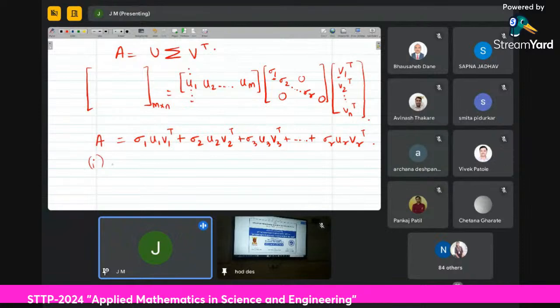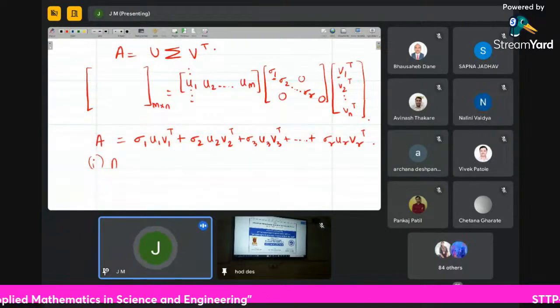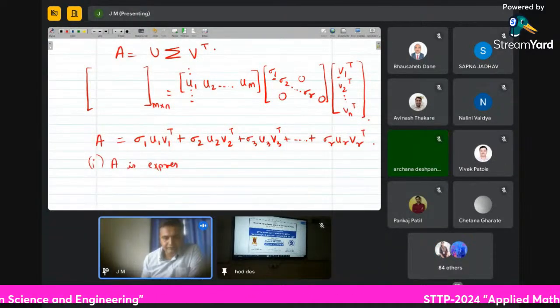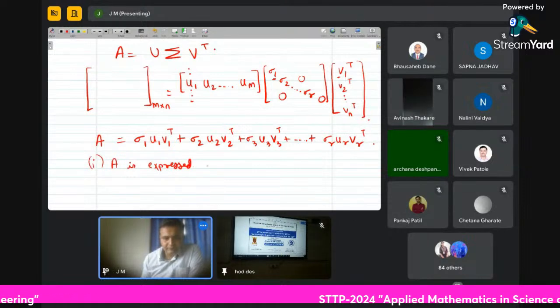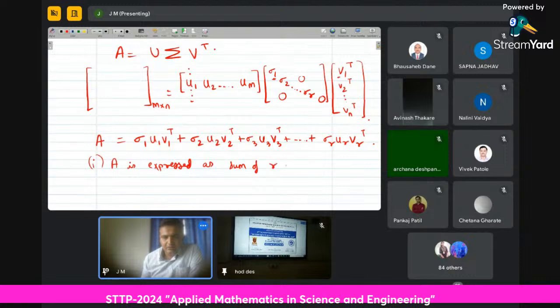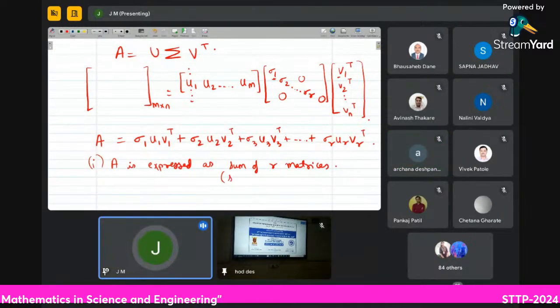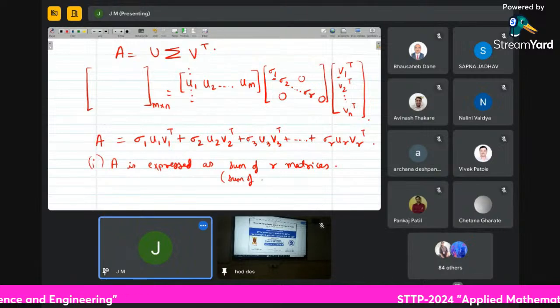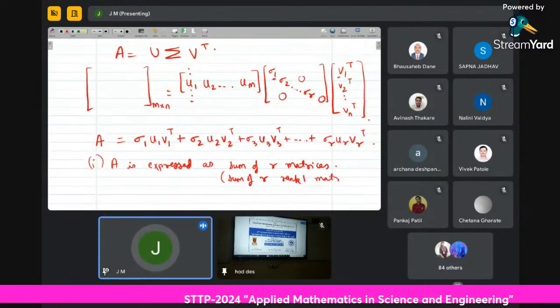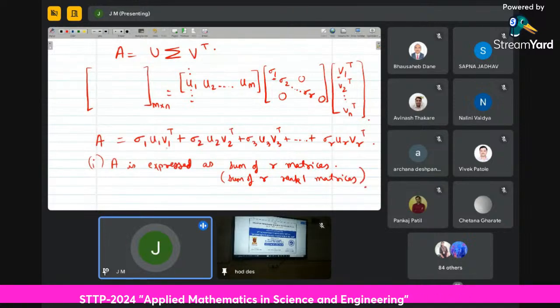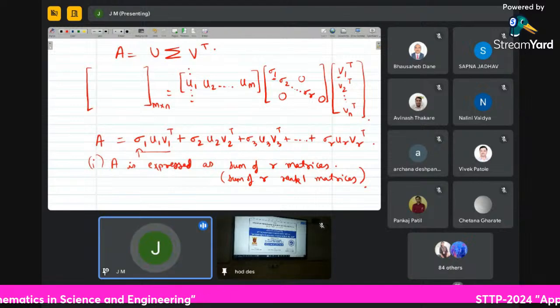Okay, so I'm able to write A. So the observation is that your A is expressed as a sum of R matrices. To be precise, a sum of R rank 1 matrices. That's a very important point to observe. See, this is a number, this is a vector of order m cross 1, and this is 1 cross n.